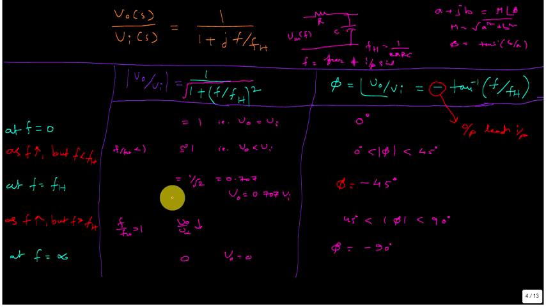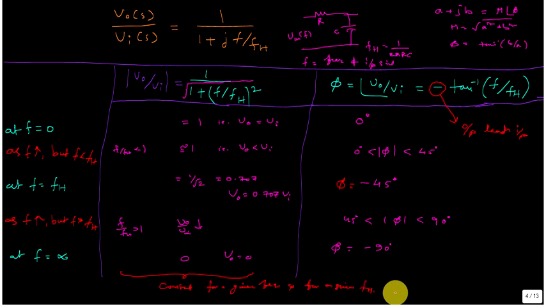If you observe this magnitude column, what did you understand? The value of magnitude is going to be constant for a given frequency, and for a given fh.